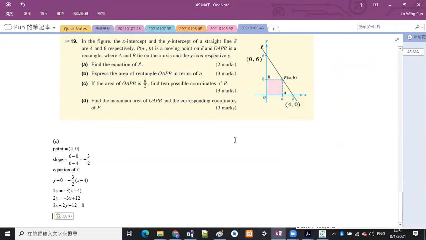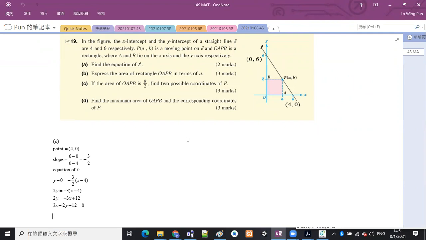Can you get this? And then part B, express the area of rectangle OAPB in terms of A. The area of a rectangle is length times width. The length is OA and the width is OB, or the other way round. So the area should be A times B, right? But it asks you for the answer in terms of A only. It is not allowed to have a B in your answer.